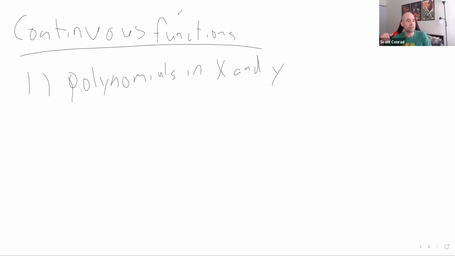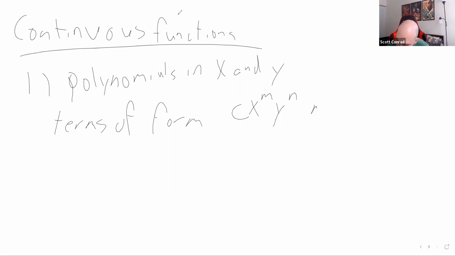A polynomial in X and Y is just all the terms are some constant times X to some positive integer power times Y to some positive integer power.